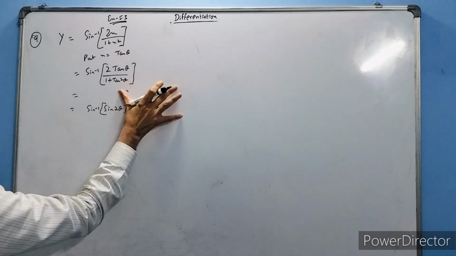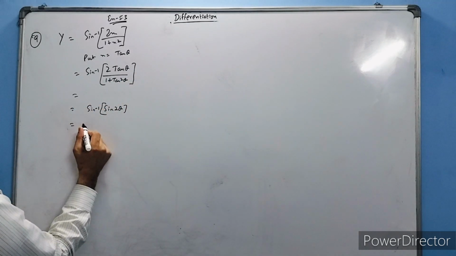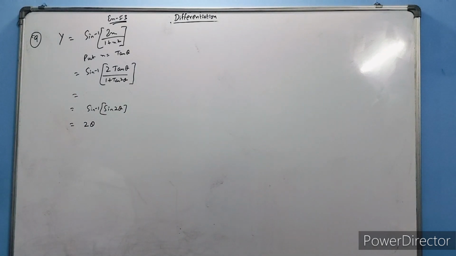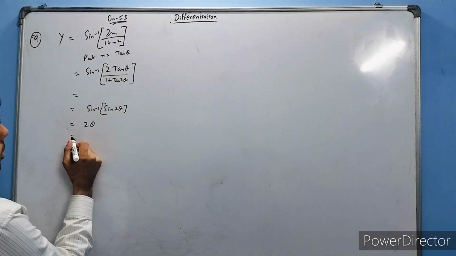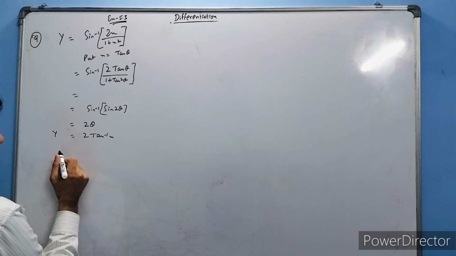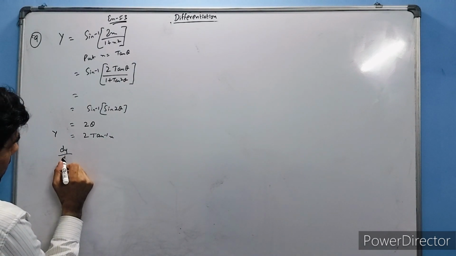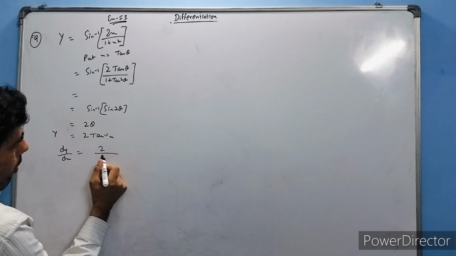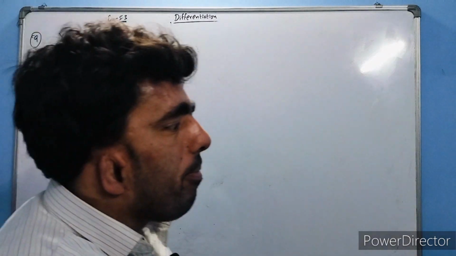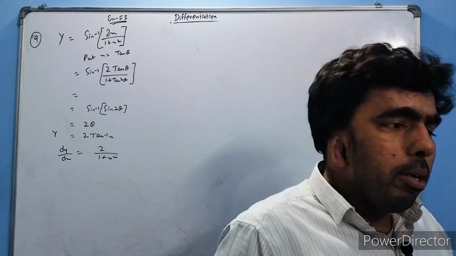Instead of writing exactly, it will be sin inverse of sin 2 theta, so it will be 2 theta now. So now what is theta? We'll have 2 tan inverse x. Now differentiate it. So you get 2 upon 1 plus x square. So that is how we try to differentiate inverse trigonometric functions.